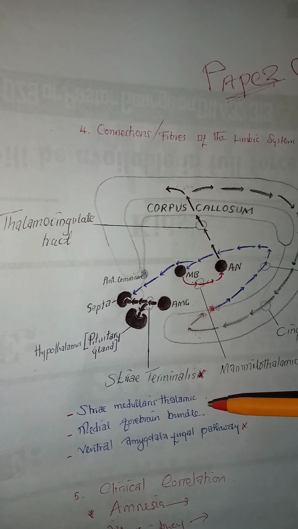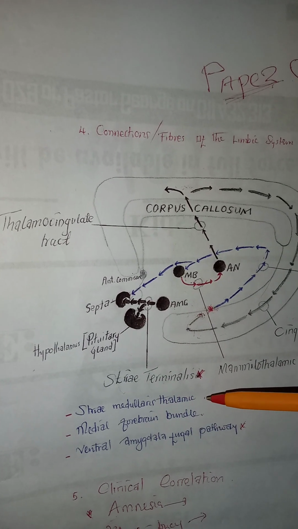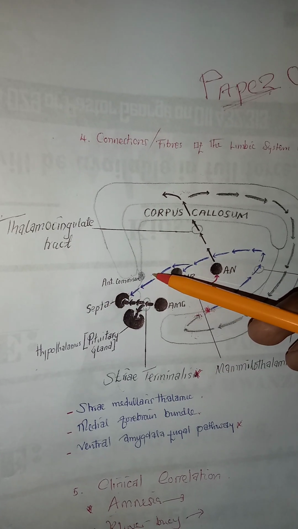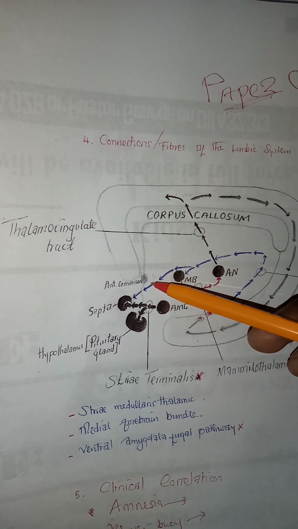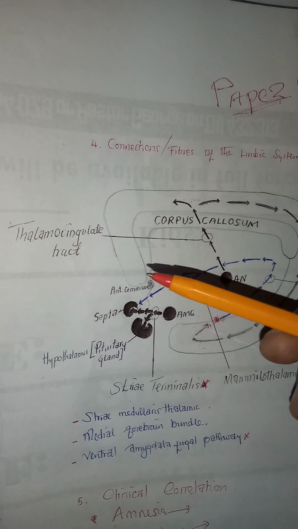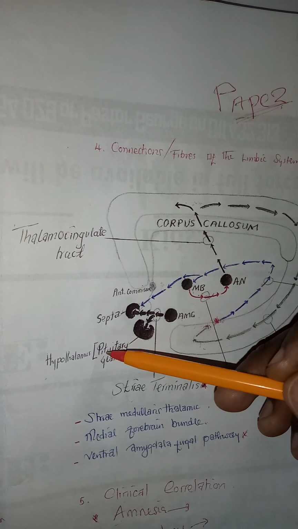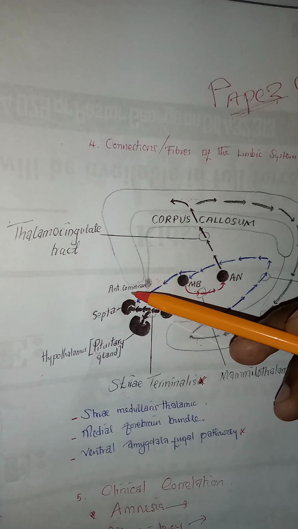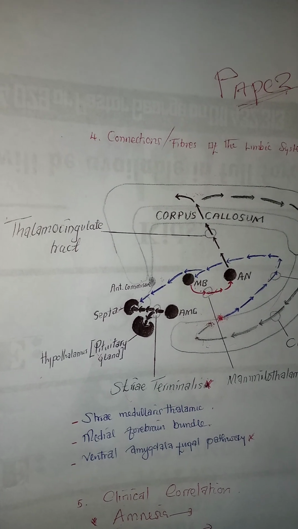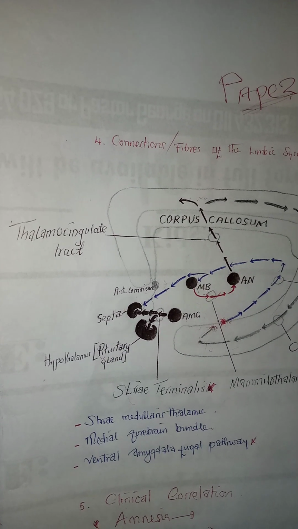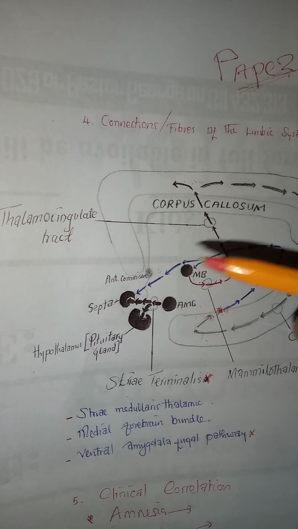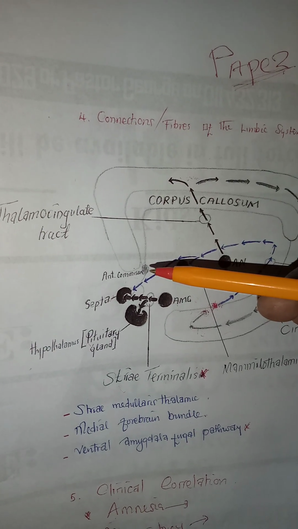Then the stria medullaris thalami connects the septal region to the habenula somewhere here. The medial forebrain bundle connects the prefrontal lobe to the hypothalamus. We also have the anterior commissure, which connects the two cerebral hemispheres, to be specific, the temporal lobes.